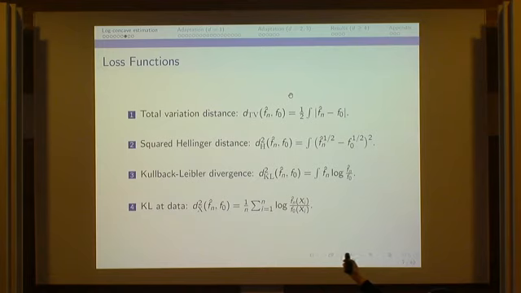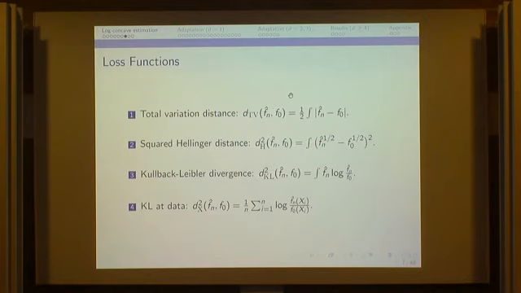The third one is Kullback-Leibler divergence, which is defined as the integral of f0 log f0 over Fn hat. As you can see, this is a log ratio, so this is not bounded. The final one is called KL at data.